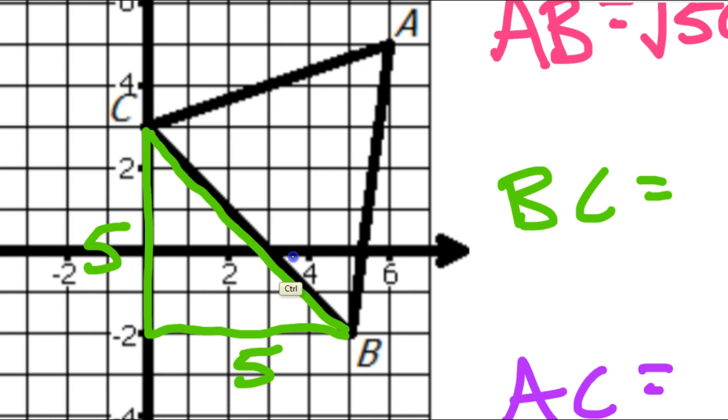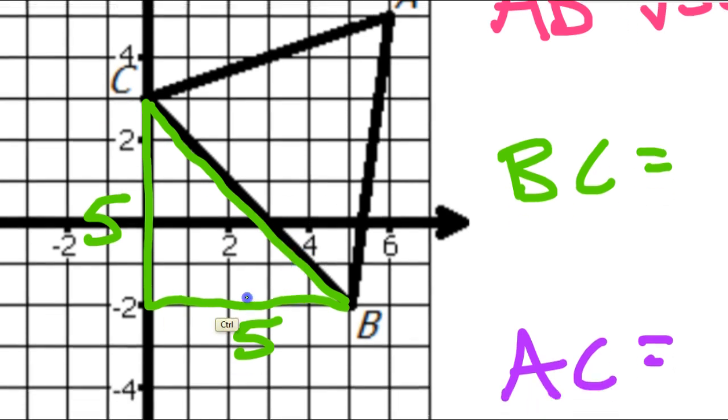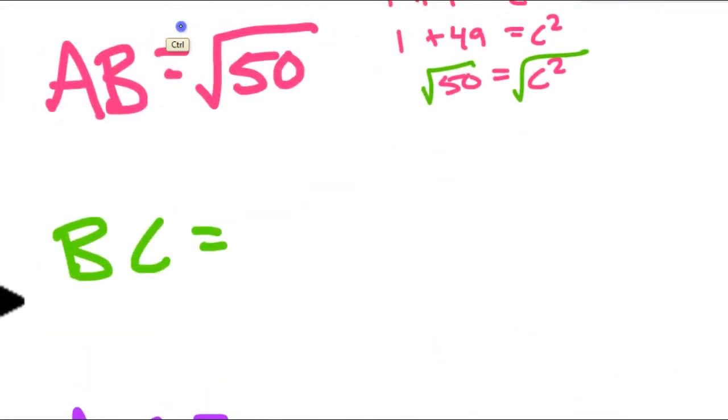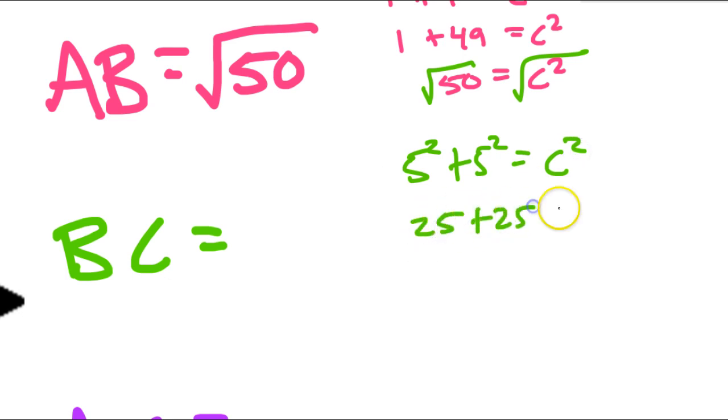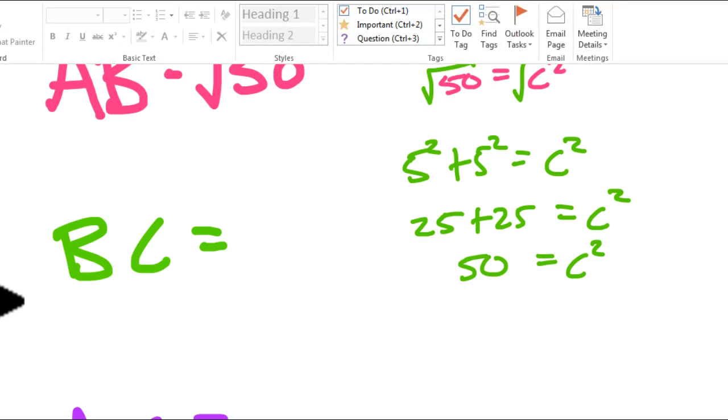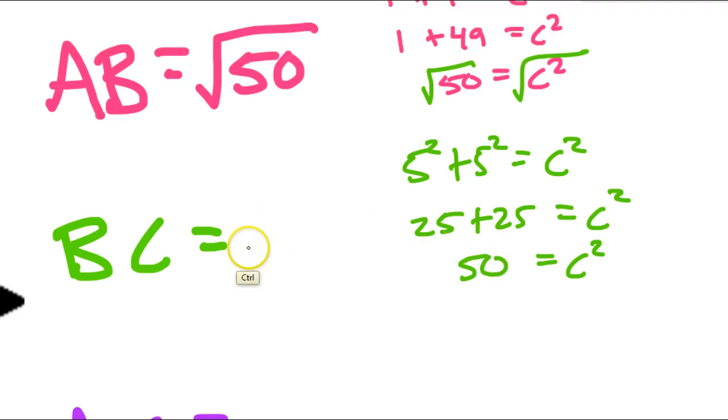So, again, if I want to find the hypotenuse, I can just do the Pythagorean theorem. So that's going to be 5 squared plus 5 squared is equal to c squared. So that's 25 plus 25 is equal to c squared. So that's 50 is equal to c squared. So if I take the square root of both sides, that is going to be the square root of 50 again.